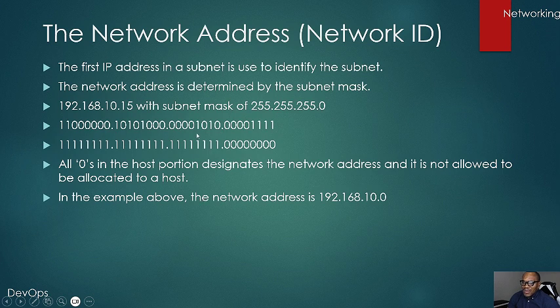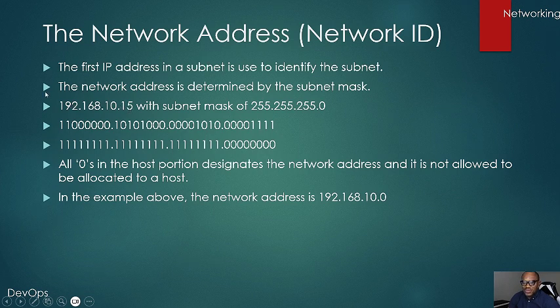So that's that. And the network address, the first IP address in a subnet, is used to identify the subnet. The network address is determined by the subnet mask. We know that. And if you look at this, for example, this particular binary representation, the network address in this particular subnet or network will be 192.168.10.0.